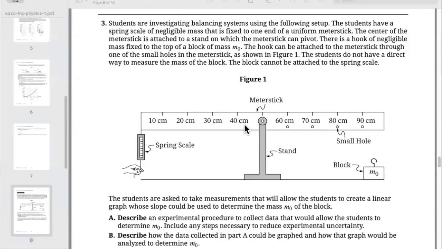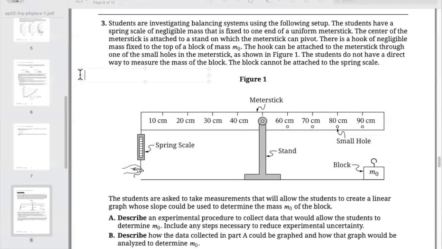Okay, and the hook can be attached to the meter stick, and it cannot be attached to the spring scale. Got it. You cannot measure the mass of the block just directly, and you actually have to determine the mass of the block. Got it. That's not too bad actually then.